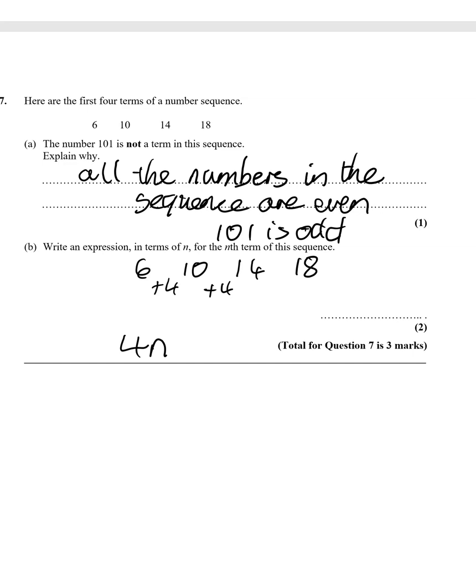But if we had our 4 times table, we'd have 4, 8, 12. We need to add 2 each time. So actually, our expression is 4n add 2. And that will work. Let's just check it with the fourth one. 4 times 4 is 16, plus your 2 gives you 18. Okay, good.